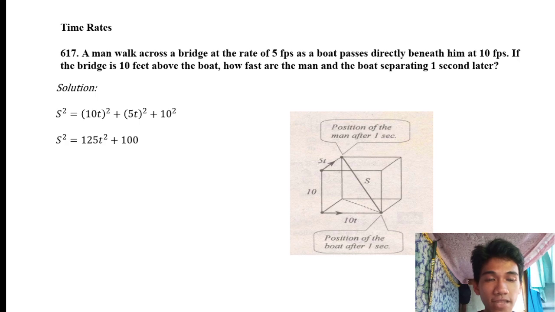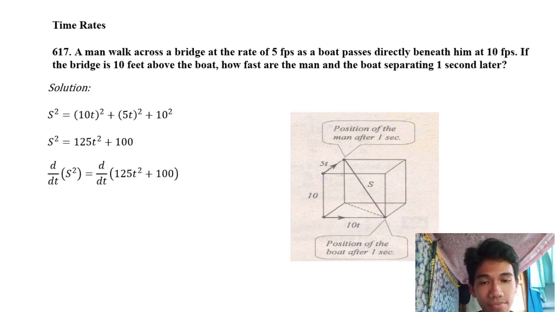After, i-derive na nato with respect to time. So we have multiply both sides with d over dt. So we have d over dt quantity of s squared equals to d over dt quantity of 125t squared plus 100. So derive na nato sila with respect to time.